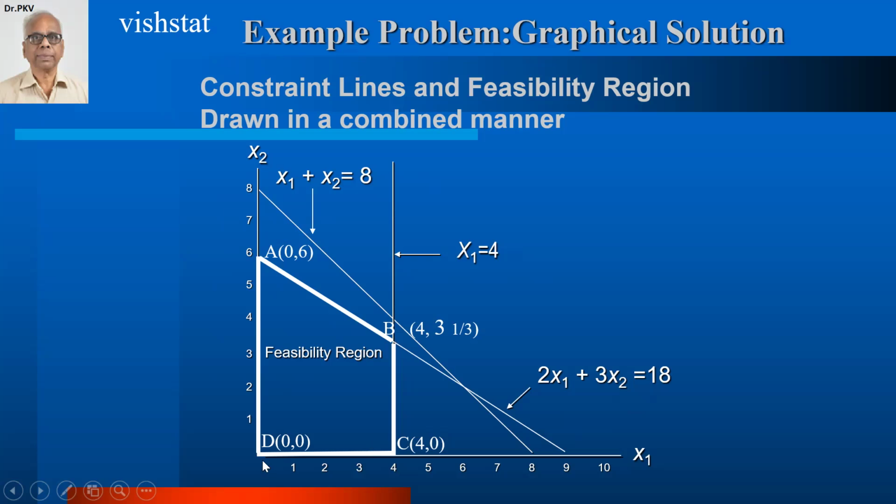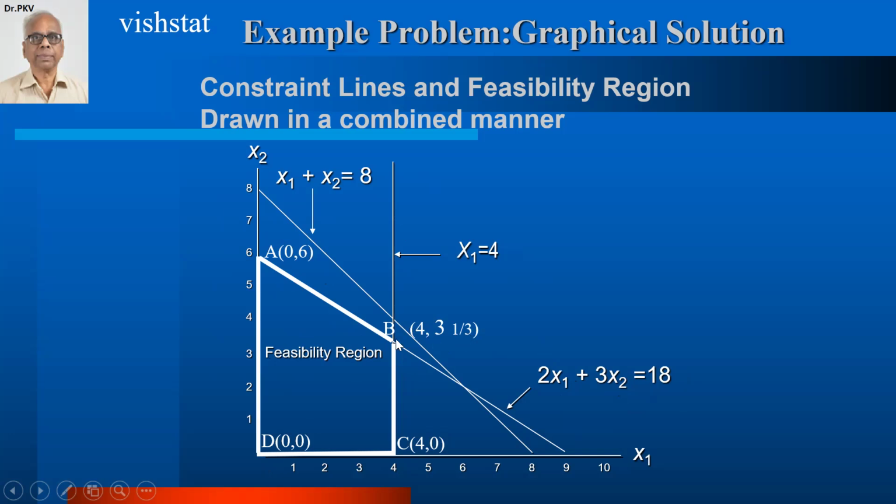The four lines are drawn with a thick format to understand, and this is the feasibility region: 0, 6, 4, 0, 0, 0, and this point is 4, 3 and 1/3, because x1 is equal to 4 and 2x1 plus 3x2 is equal to 18. We substitute x1 is equal to 4 and get 3x2 is equal to 10, x2 is equal to 3 and 1/3.